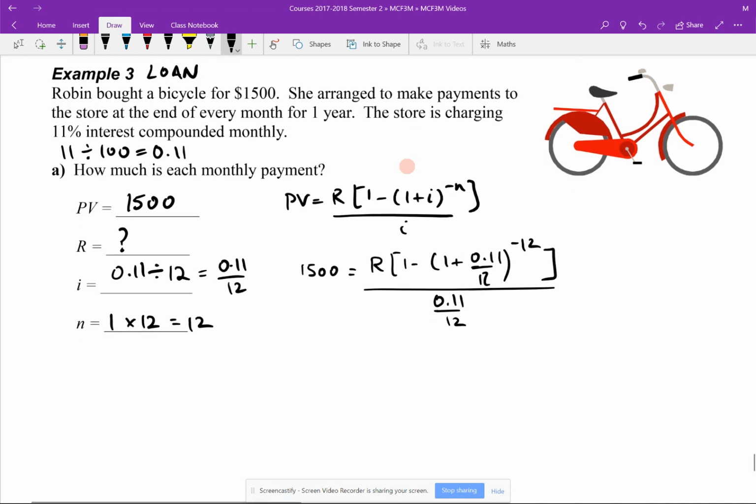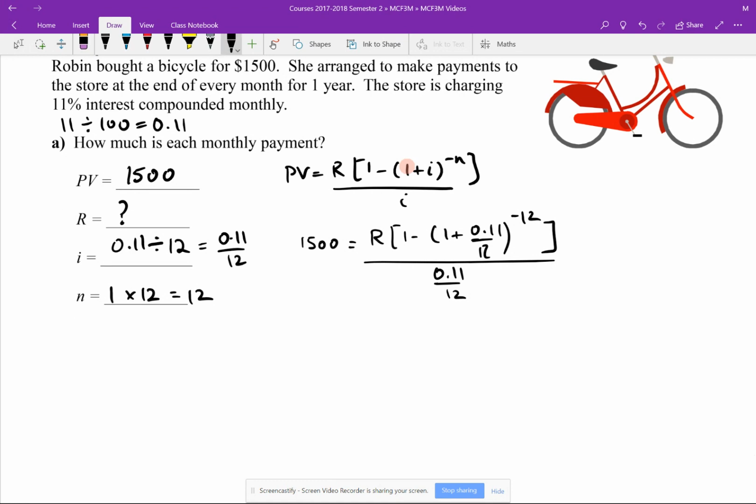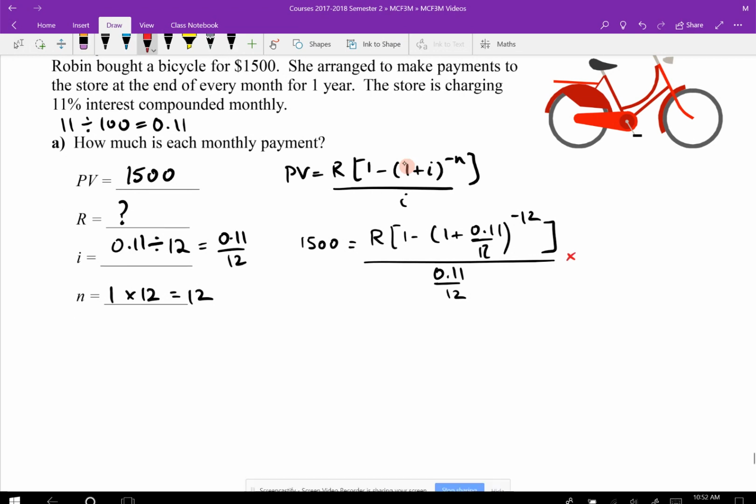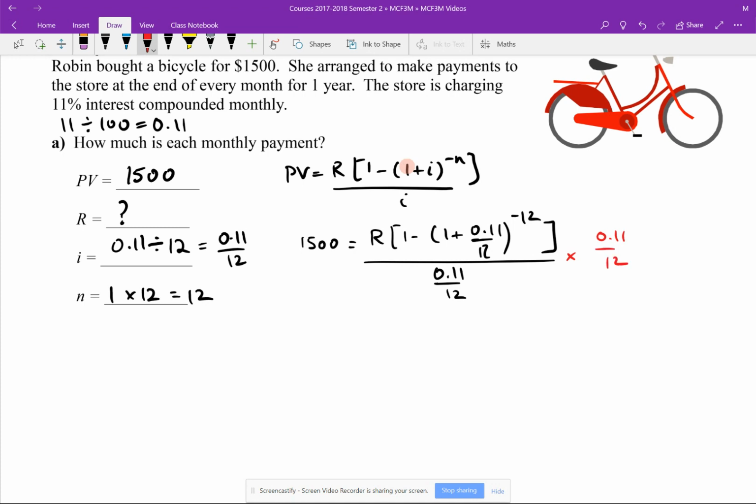So how do I find R? Well, let's multiply first both sides by 0.11 over 12, and doing that effectively cancels these two terms.